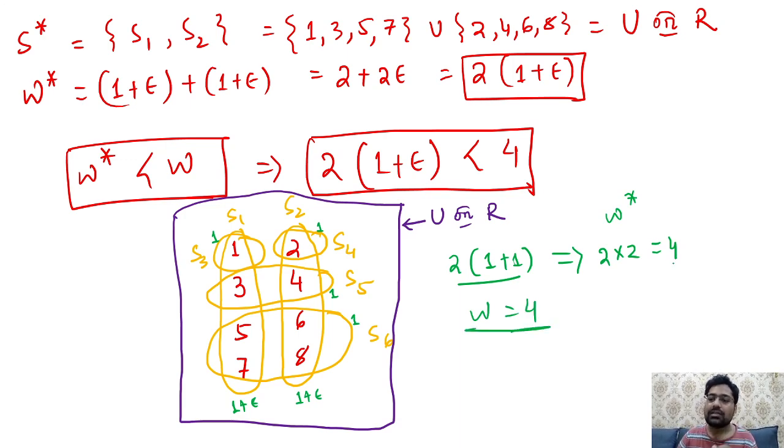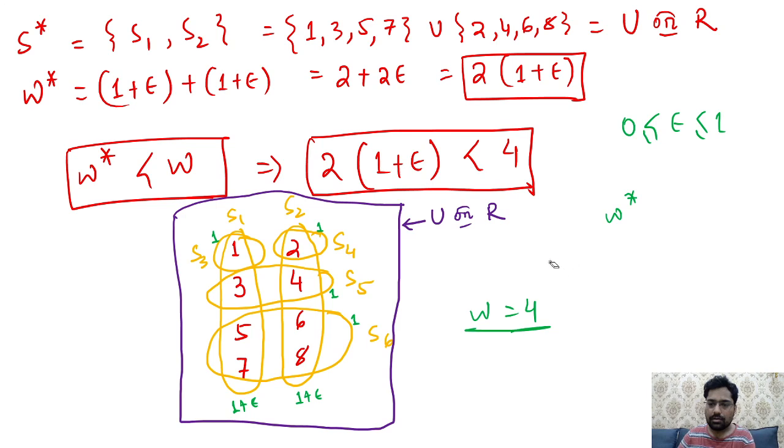But this is the worst case. If I'm taking the maximum, definitely I'm getting 4. But 4 is the maximum we can expect. Less than that is possible because it ranges between 0 to 1. If I'm taking 0.5, then it means 1.5 here. So definitely 2 into 1.5 is 3. 3 is less than 4. Clear?